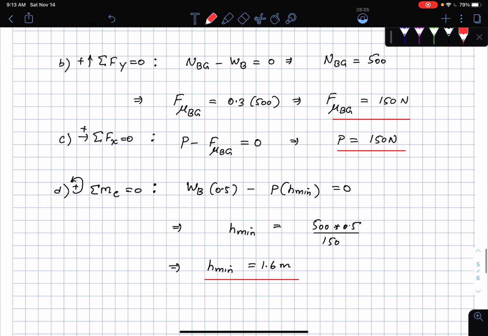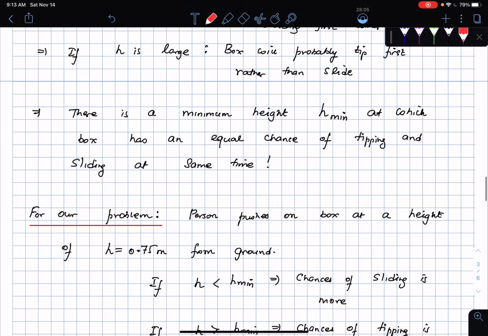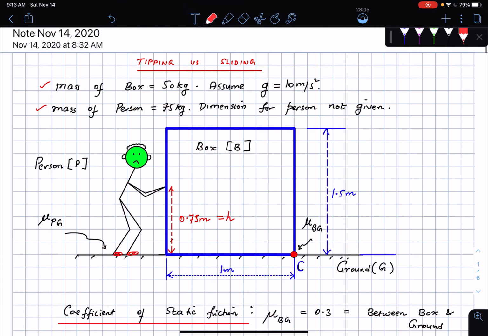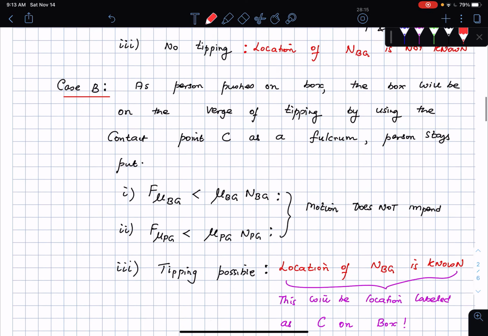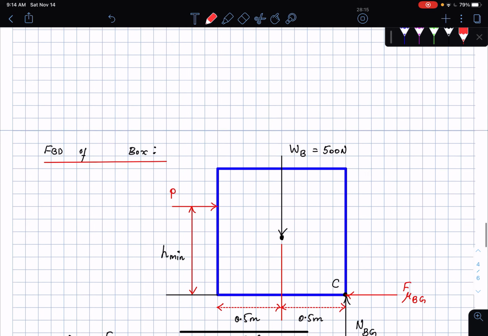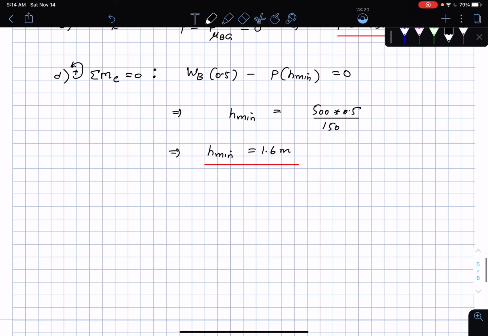In our problem, H was given to us as 0.75 meters. So H is less than H minimum, which means that tipping can be discarded. Okay, so in our problem, I'm just going to write this down. H applied was 0.75 meters, which implies that H is less than H minimum, which was 1.6 meters.